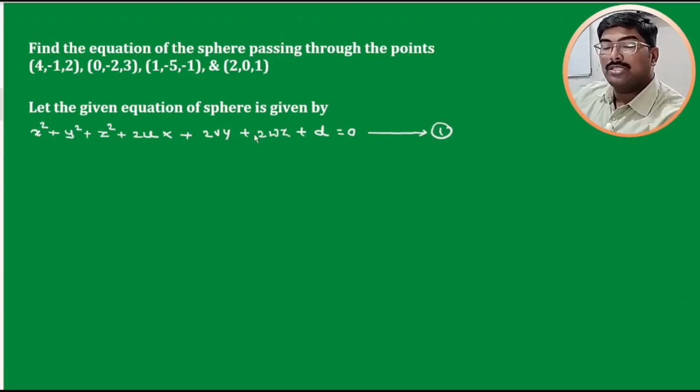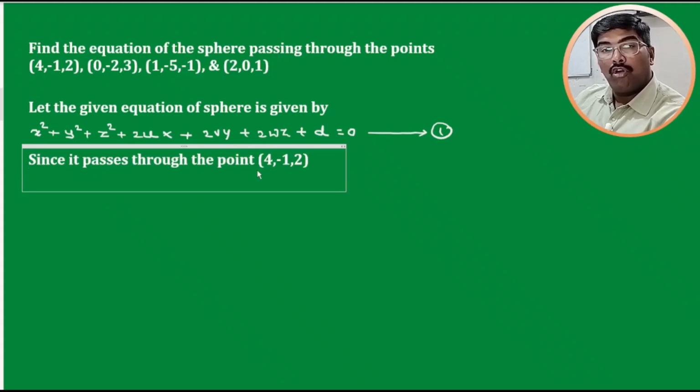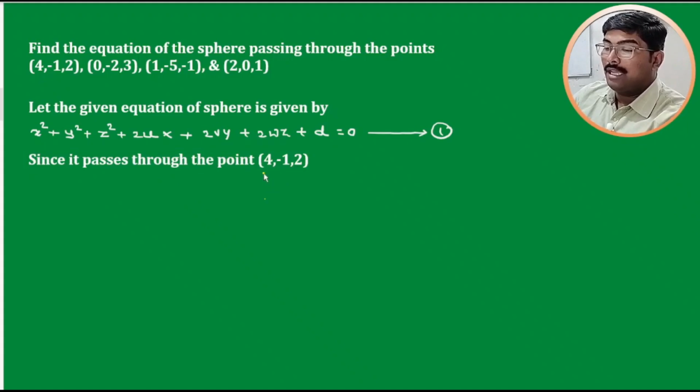Since it passes through the point (4, -1, 2), you have to substitute the value for x is equal to 4, y is equal to -1 and z is equal to 2. So now you have to substitute the value for x, y and z in equation 1.